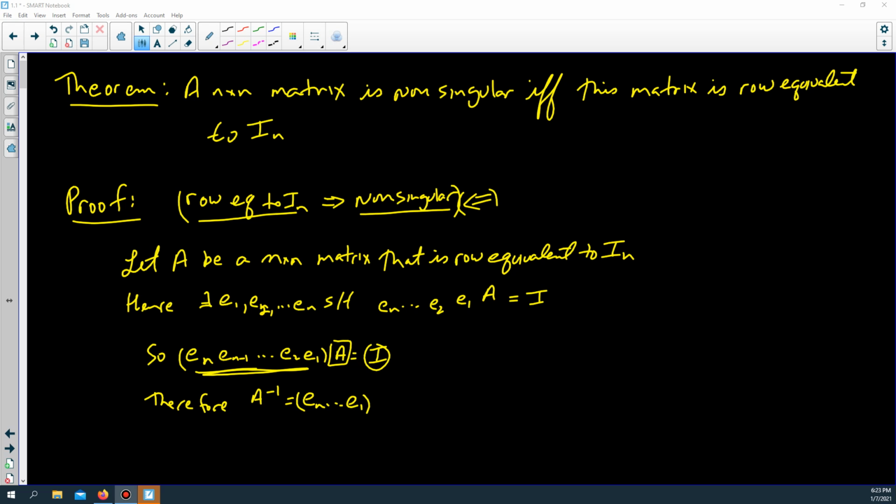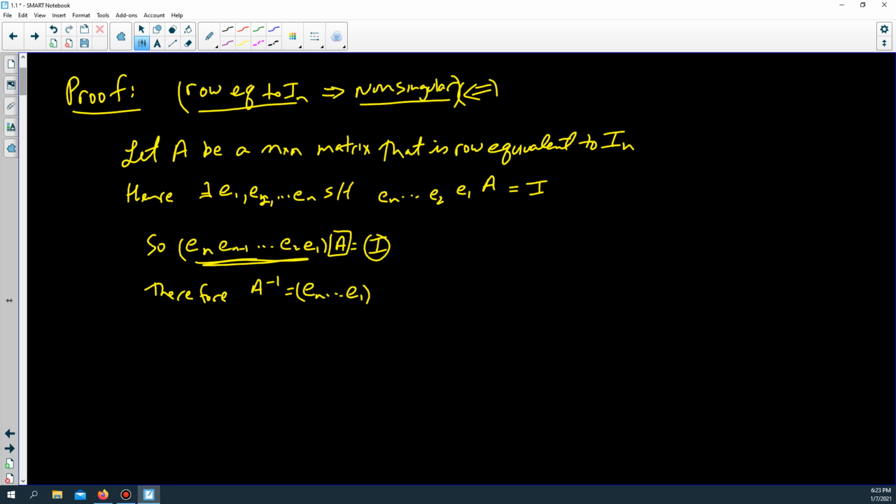Okay, so now we need to go the other way. Oops. We need to go this way. That is, we need to show that if A is non-singular, that implies that it is row equivalent to the identity.